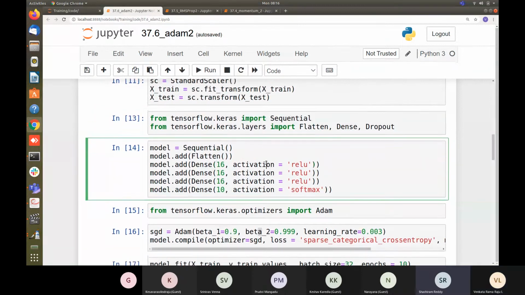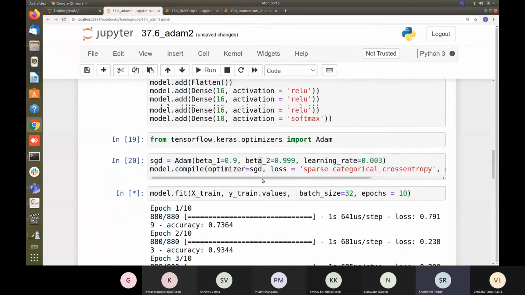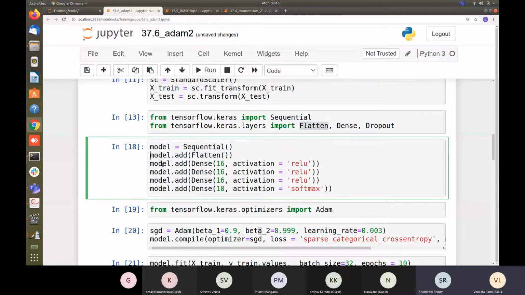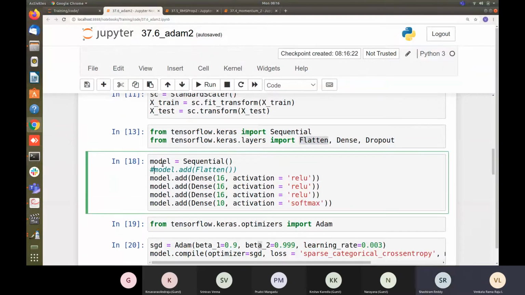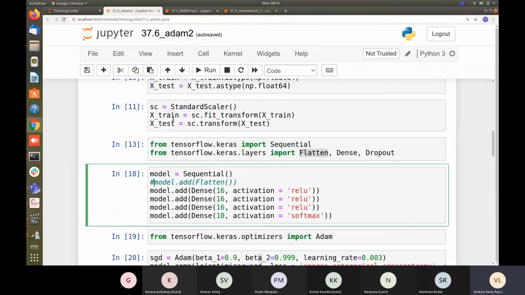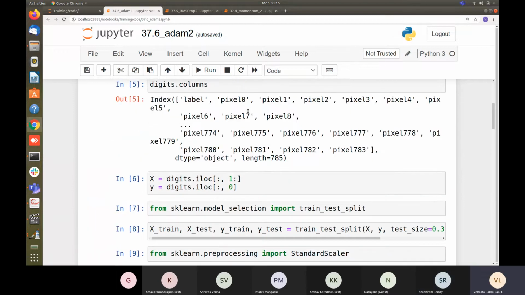Sir, why have we used this flatten? Where? Here, there is a flatten node also. Okay, model.add. It is not needed. Previously they changed it in 2.0. We had to flatten it, and there were some issues. Let us see.